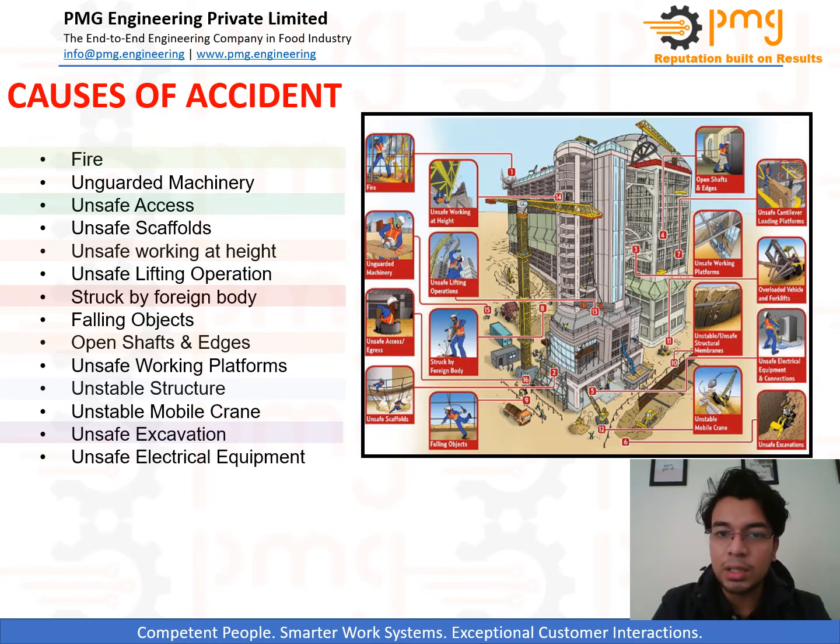Let me quickly summarize the causes of accidents and also add a few more points. So number one is fire. Two is unguarded machinery, unsafe access to site or areas, then unsafe scaffolds, unsafe working at height, then unsafe lifting operation, struck by a foreign body, objects falling from height, then open shafts and edges, unsafe working platforms, then unstable structure, mobile crane, excavation, and most importantly, unsafe electrical equipment.